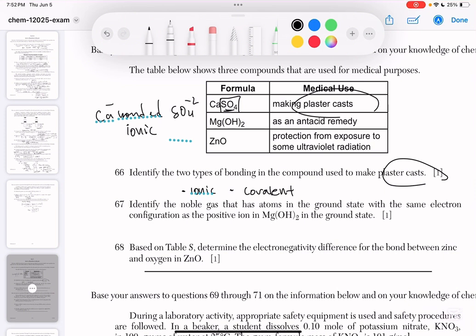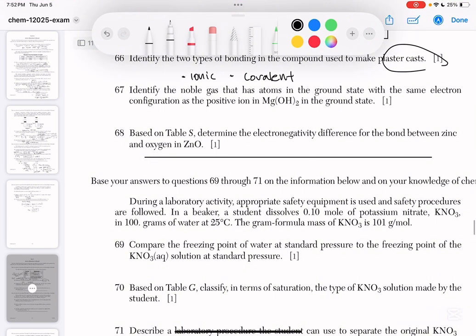Because sulfate is 2-, Ca is 2+, so they go together. And then within the sulfate ion, there is covalent bonding, because sulfur and oxygen are both nonmetals. So you would have ionic and covalent.